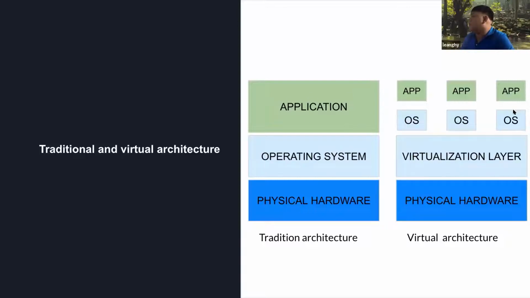But in the VM, on top is a virtualized layer, and after that, the OS and application. So yes, that is the difference between the physical server and the VM.